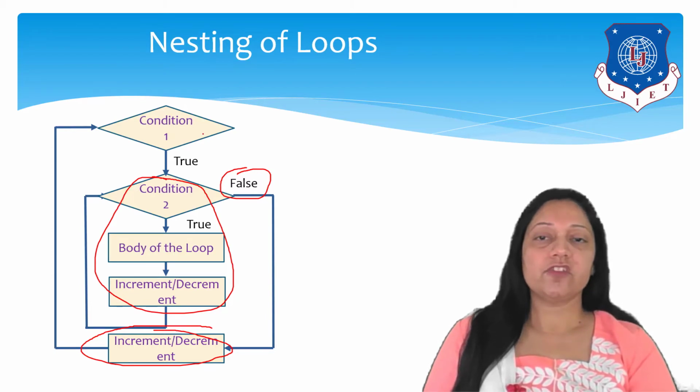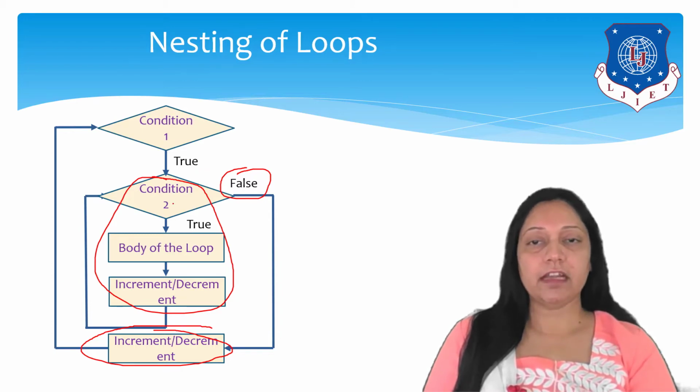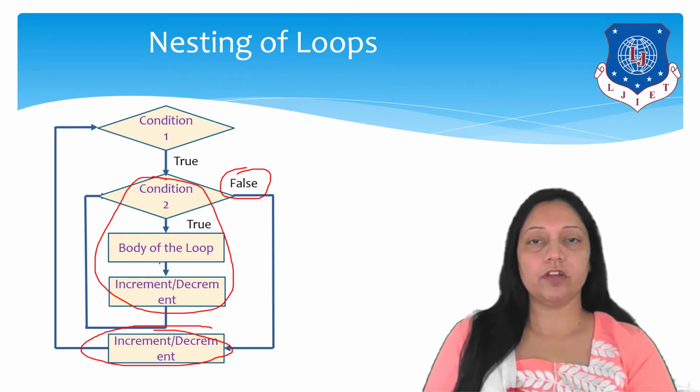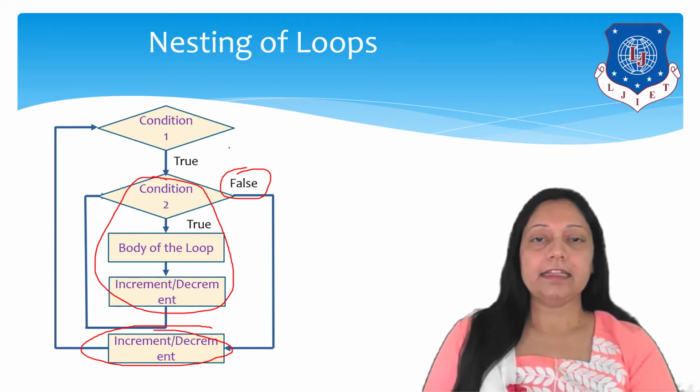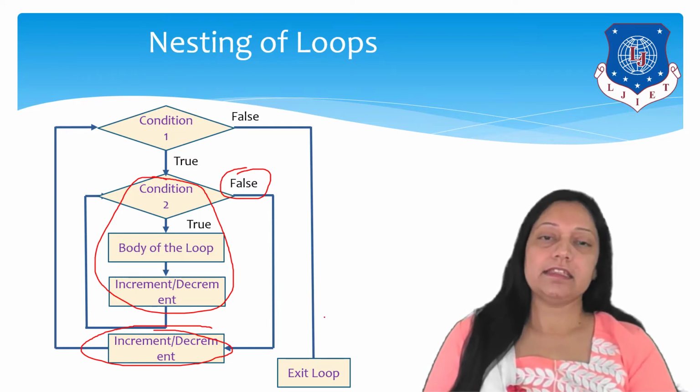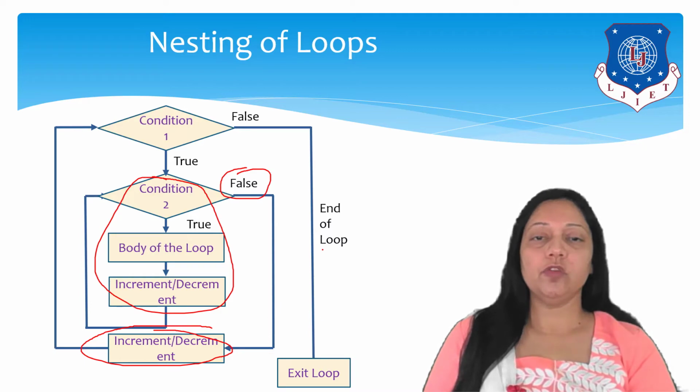If condition 1 is true, then the inner loop is executed all over again. Do the initialization of the inner loop, then check the condition and execute the body of the inner loop. If at any time condition 1 is false, that is the condition of the outer loop becomes false, then we exit the loop, that is the end of the loop.